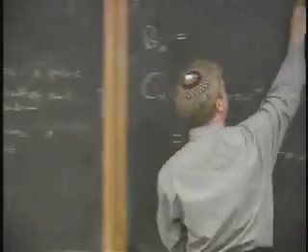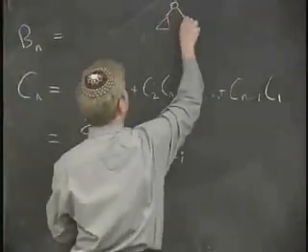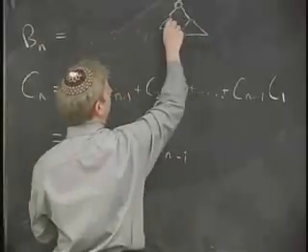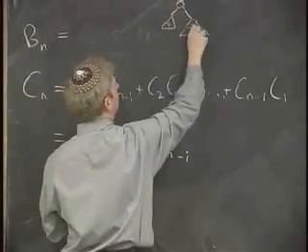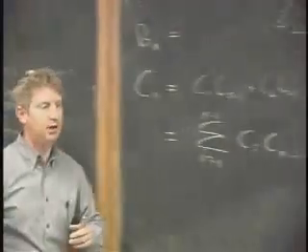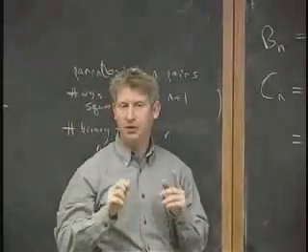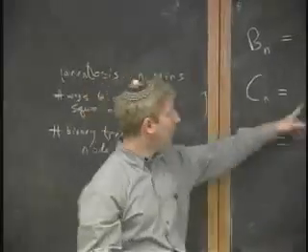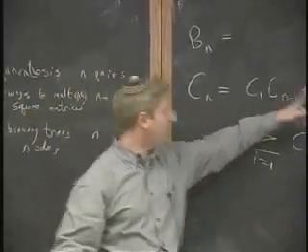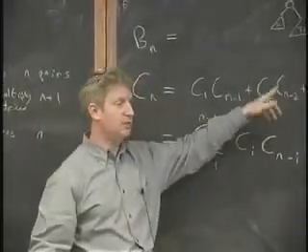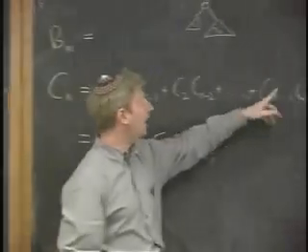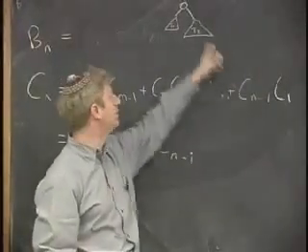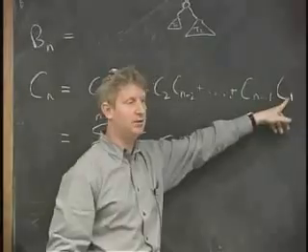So I can put any tree here and any tree here. I'll call this T1 and T2, as long as the sum of T1 and T2's nodes equals n minus 1. Well, there's a lot of possibilities there. B1, Bn minus 1. B2, Bn minus 2. B3, Bn minus 3. All the way up to how many ways can I get n minus 1 vertices on the left and 1 vertex on the right?